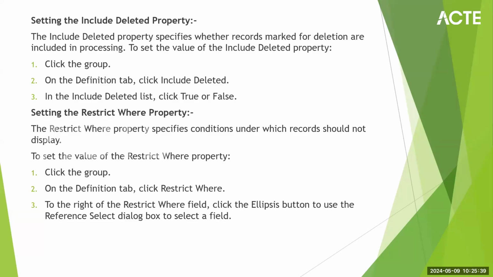Suppose in the group you have created some fields, and while executing you want some fields to be automatically deleted on the UI. While executing, n number of fields will be there, so in that case you need to set the property. Those fields will be automatically deleted after displaying, when the next iteration is running.